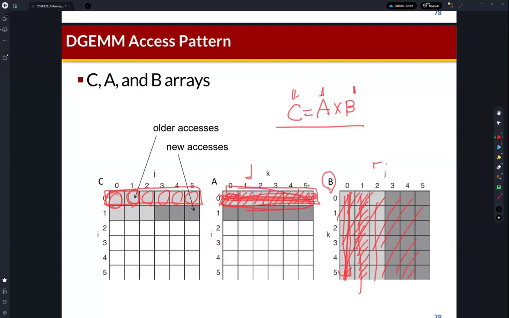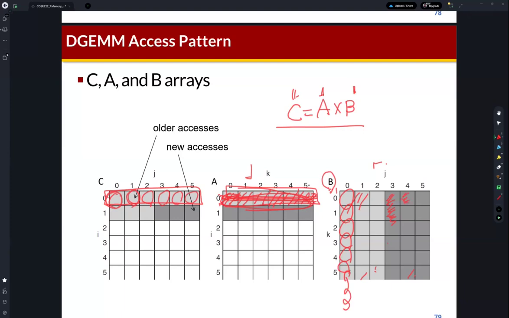But for matrix B, a column is used. If the matrix size is large, when this column is requested, and the cache size is small, then the old data can be evicted from the cache, right?